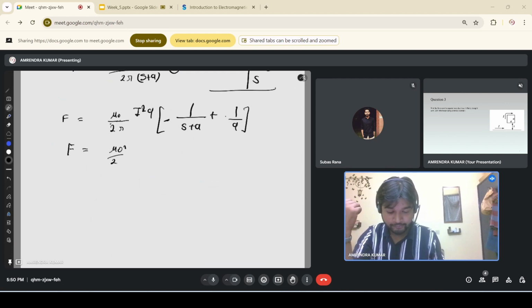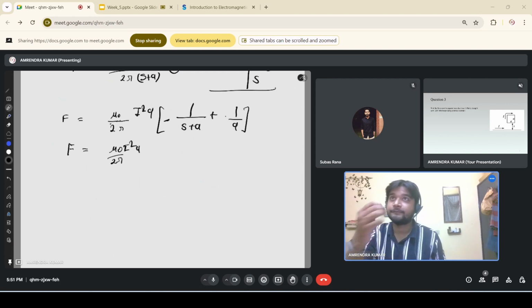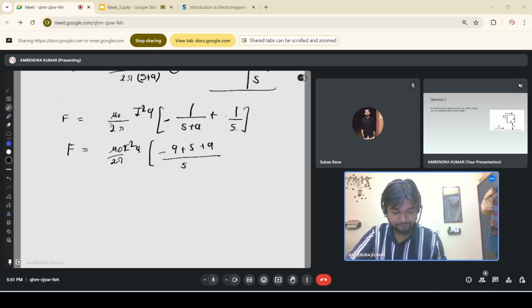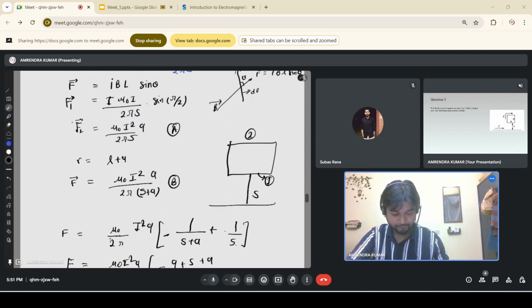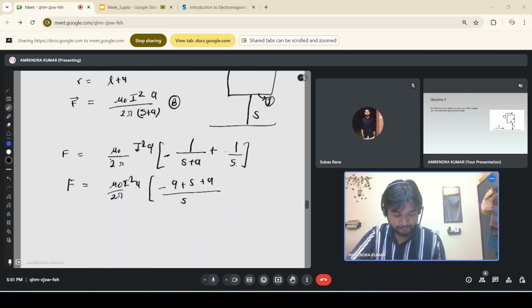म्यू जीरो ओवर 2 पाई आई स्क्वायर ए, और उसके बाद पाई, और यहाँ पर फिर हम लिखेंगे माइनस एस माइनस ए, सॉरी माइनस ए प्लस एस प्लस ए ओवर एस, so it should be s, okay, sorry, it's a mistake, so it should be s, and it will be here also.